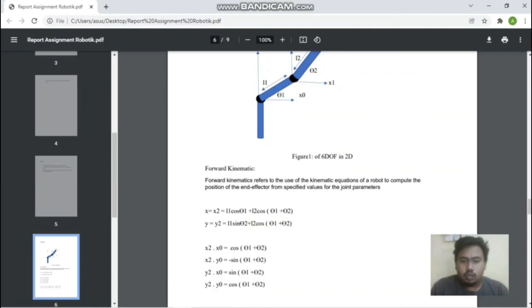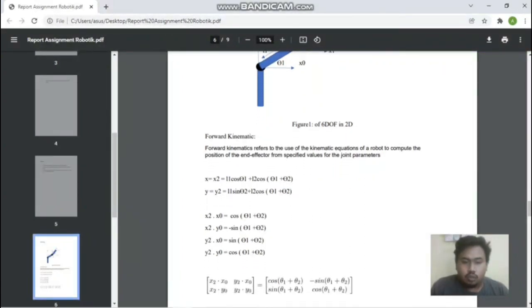X2 times X0 equals cos (theta 1 plus theta 2). X2 times Y0 equals minus sin (theta 1 plus theta 2).